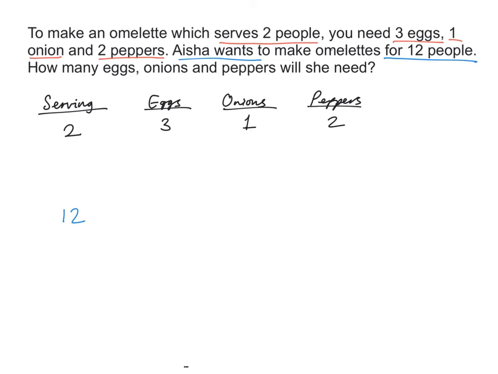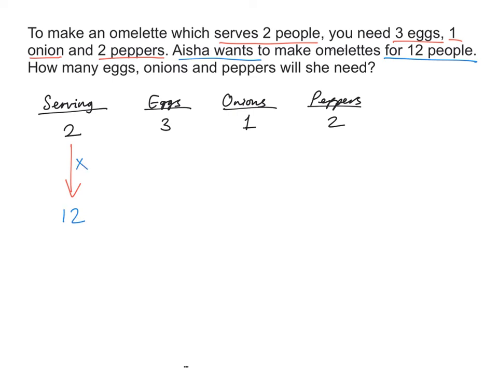Well, I had the recipe to serve 2 people, but now I need the recipe to serve 12 people. So from 2, I need to get to 12. So effectively, 2 is my multiplicand and 12 is the product, and I need to work out the multiplier.